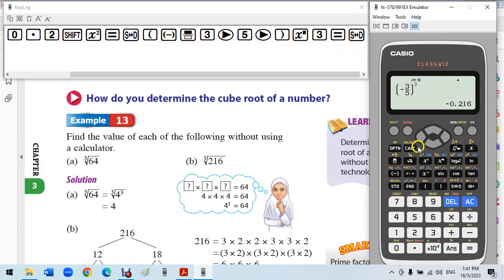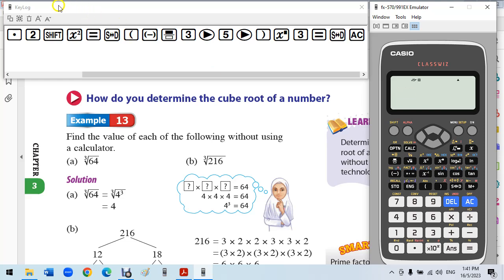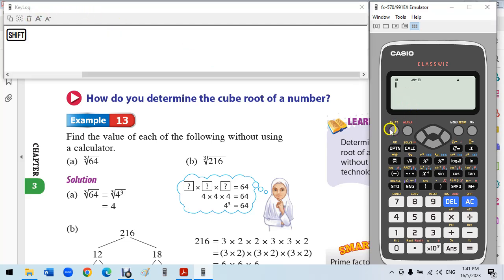Cube root. So cube root, what we do is we press the shift, this to call cube root. Cube root of 64 is 4, and then cube root of 216 is 6.